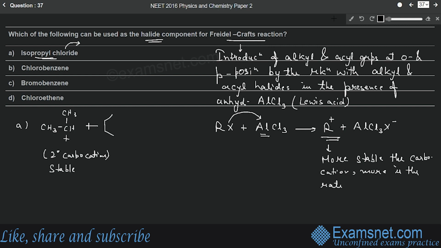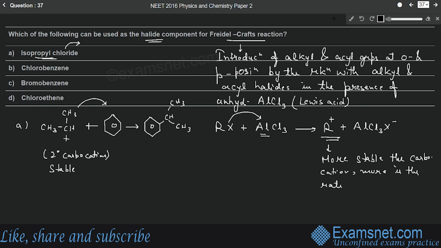Now it will react with the benzene ring, and as a result the isopropyl group will get introduced at the ring, at the ortho or para position. So this is CH, CH3, CH3.